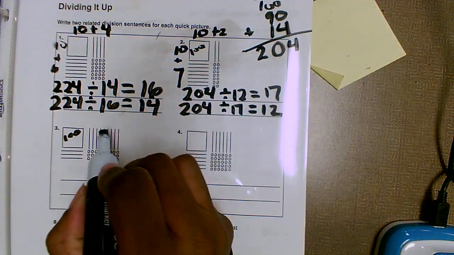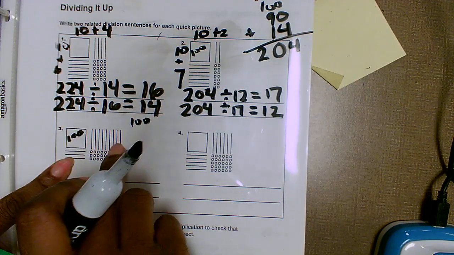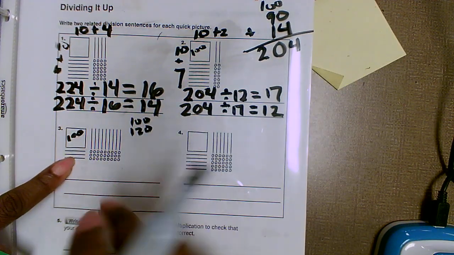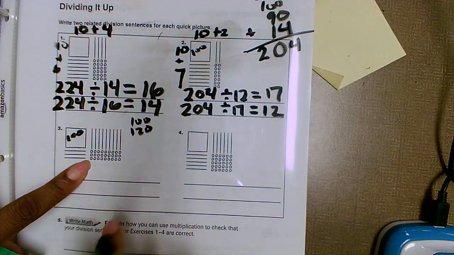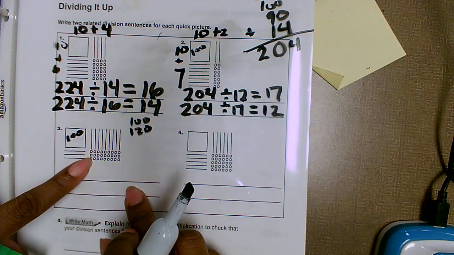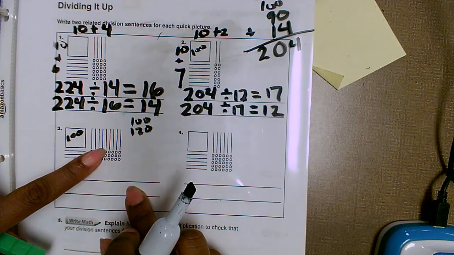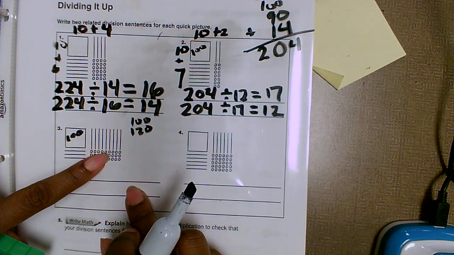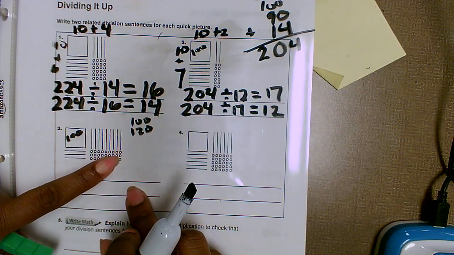So I have this 100 plus another 20, and now I need to count my hundredths. 1, 2, 3, 4, 5, 6, 7, 8, 9, 10, 11, 12, 13, 14, 15, 16, 17, 18, 19, 20, 21, 22, 23, 24, 25, 26, 27.